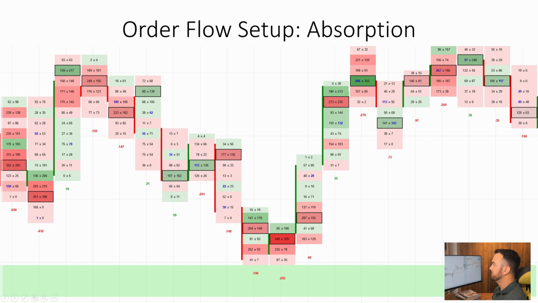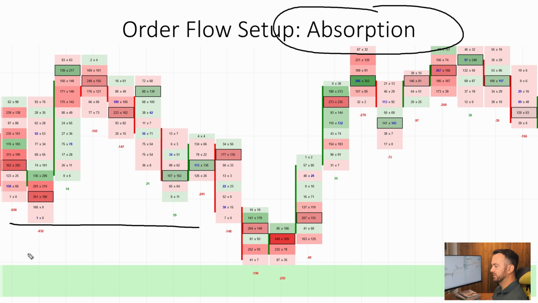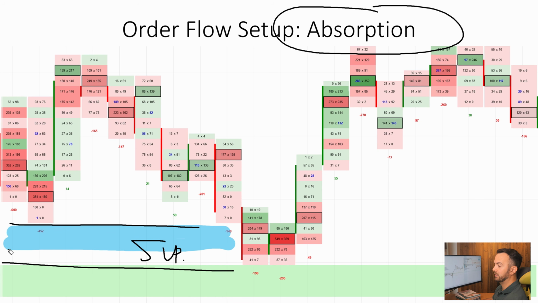Now here's another one, a third example of the absorption. Imagine that we have a strong support here. It could be based on anything. I like to base those on volume profile, but it could be, you know, whatever you guys like. For example, price action setup.